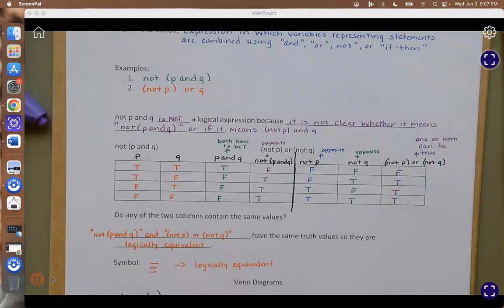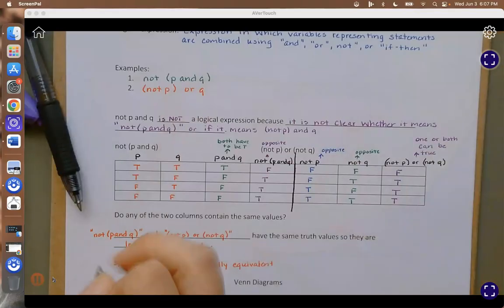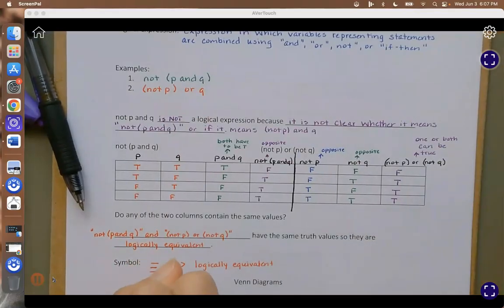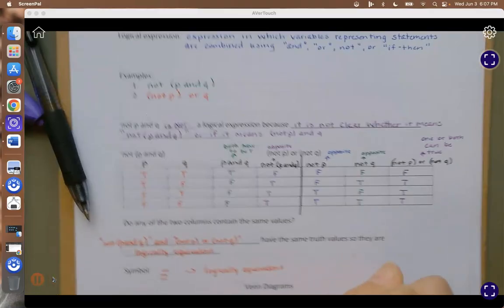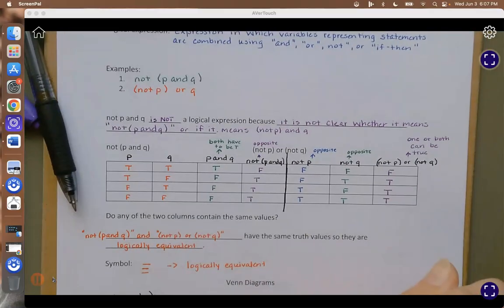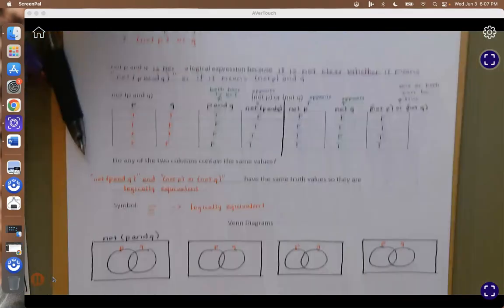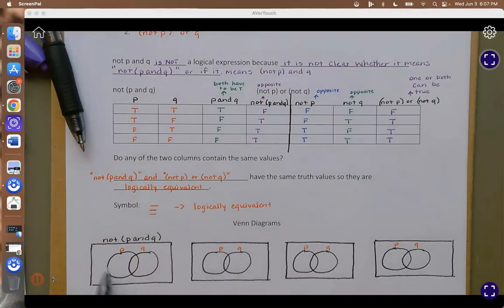So it's not that. Okay? So let's label these P and Q. If you need to pause and draw these 4 Venn diagrams, feel free to do that.